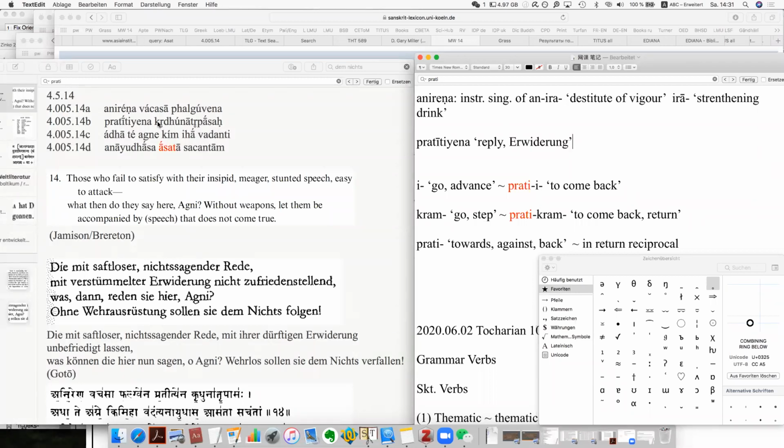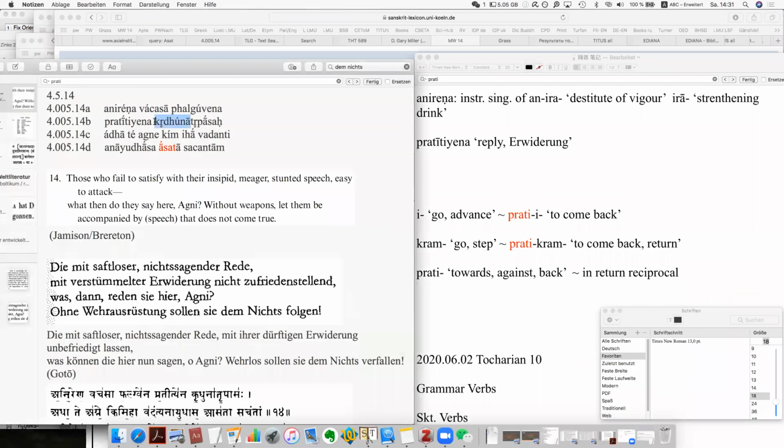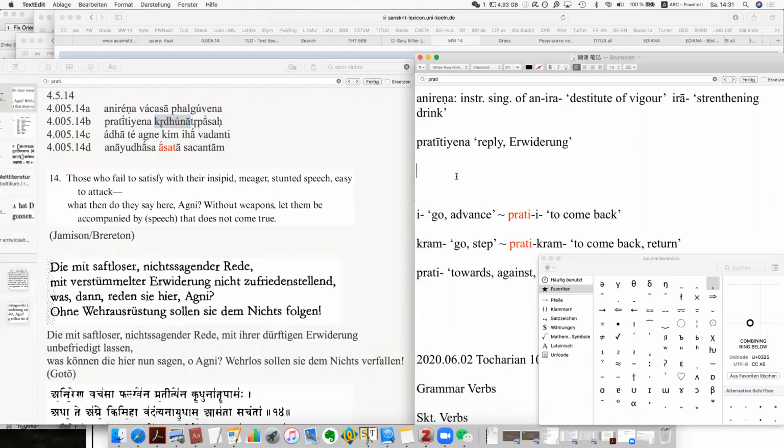Okay. And then kridu na. So here we have actually two words. One is kriduna and another is atripasa. So kriduna, again, is instrumental singular.